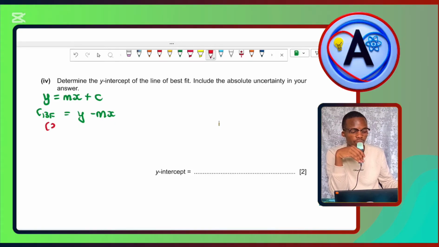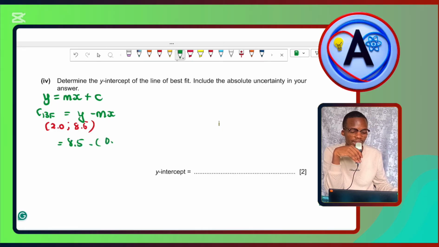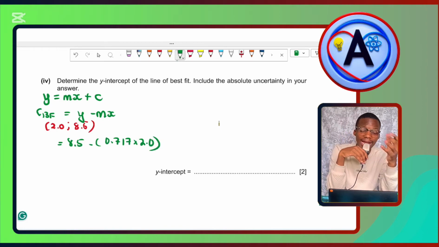Let's assume I have 2.0, 8.5. My gradient, I already know, is m. So y is 8.5 minus my gradient, which is 0.717 times 2.0, and I get the y-intercept itself.